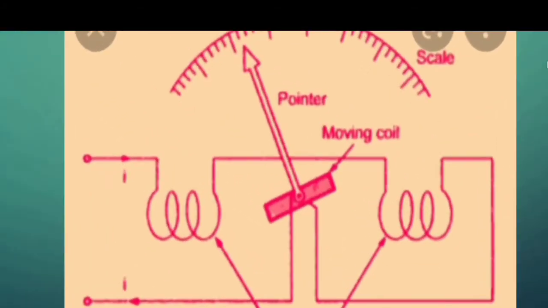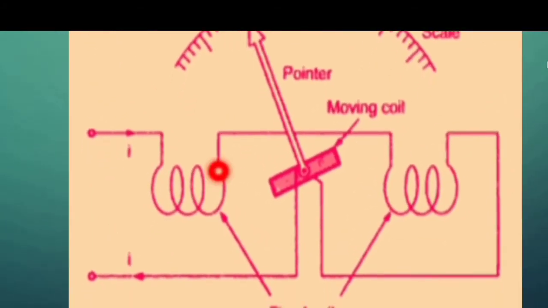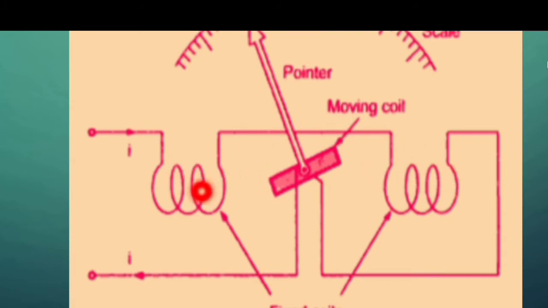When we look at our diagram, here we have the fixed coil arrangement. This is divided into two equal halves, for the purpose of providing a uniform magnetic field, as well as providing a path for movement of the moving coil. That's why it's divided into two equal halves.